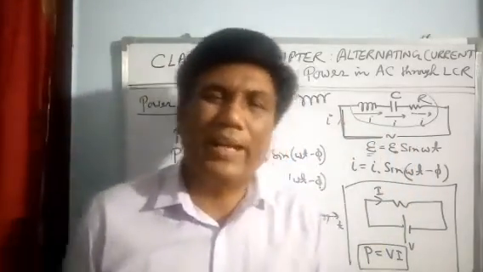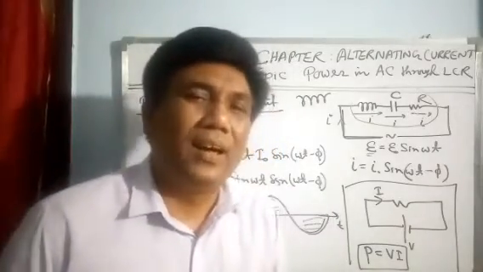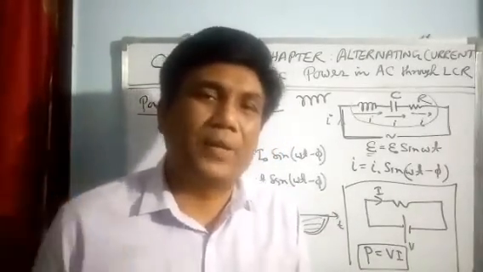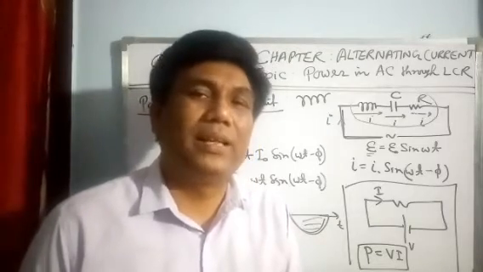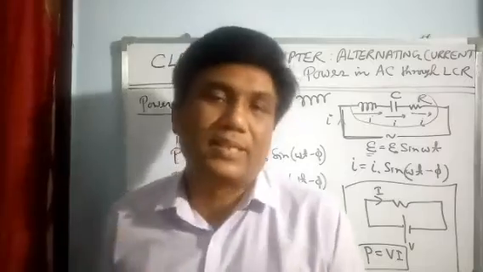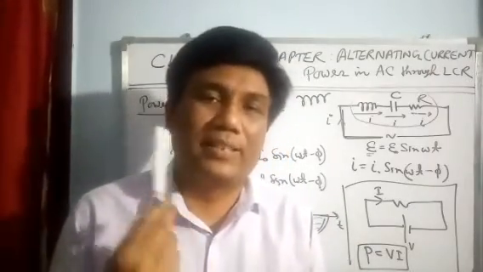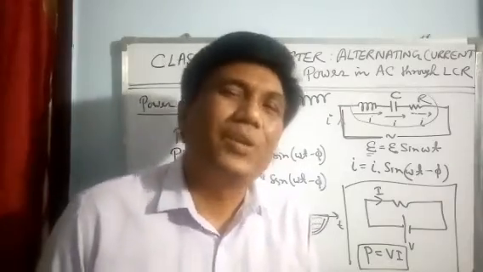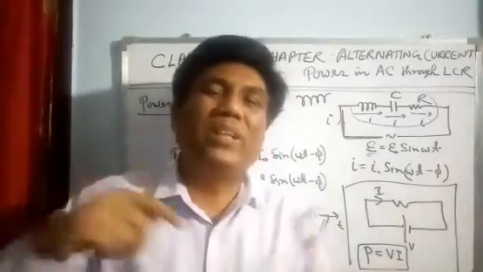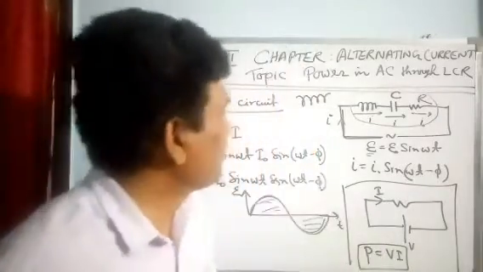We discussed this when we talked about the capacitor and about inductance: any ordinary wire has some inductance, maybe less. To make the inductance more, we need to design it like a coil and use it commercially.